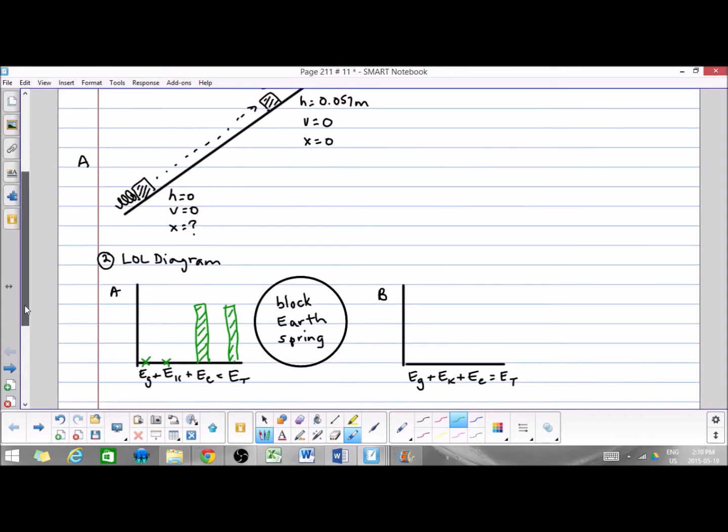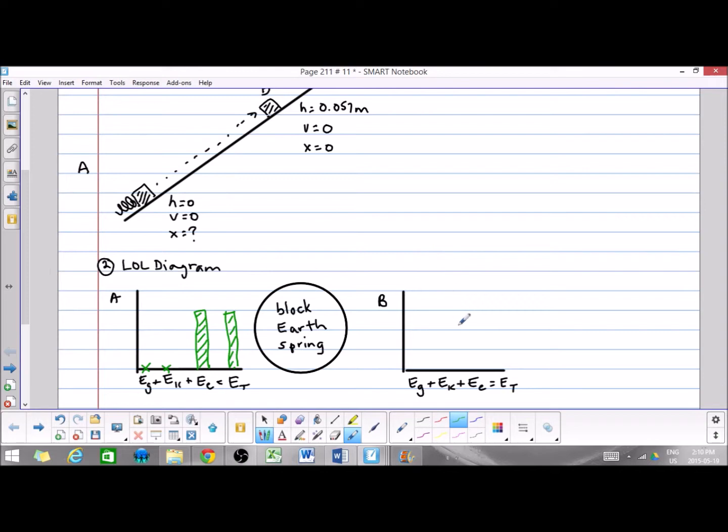At the top of the ramp at the maximum height, there's 0 elastic potential energy, 0 kinetic energy. The total energy will be the same here because we have nothing added or subtracted. That's the effect of including the Earth and the spring in the system. So our total energy is the same, and all of that energy is gravitational potential energy.